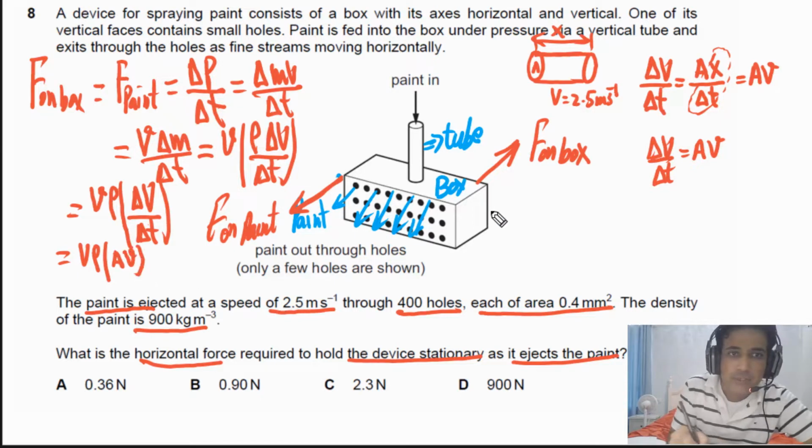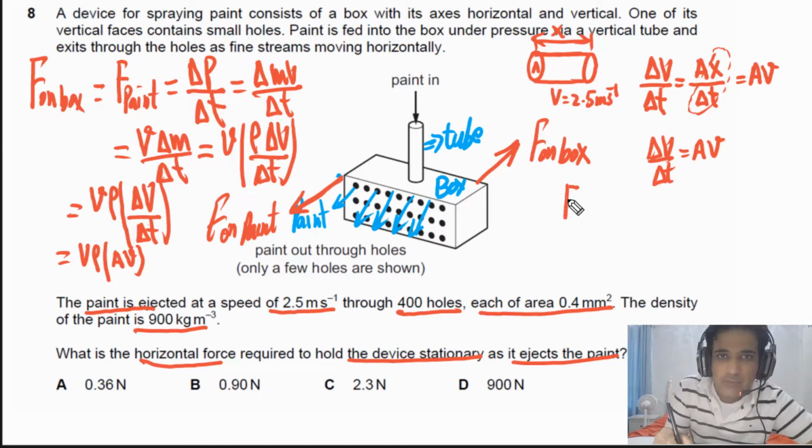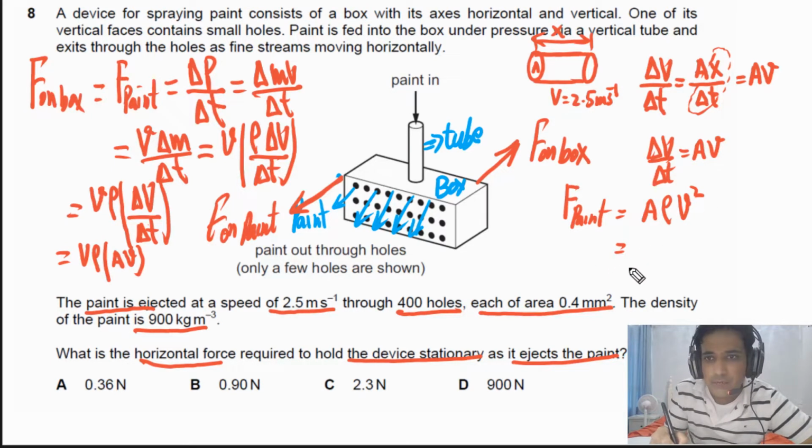So simply we can say in this case force on the paint is equal to A times rho times V squared. Cross-sectional area is given to us, that is equal to 0.4 millimeter squared, means 10 to the negative 6. Density is given, that is equal to 900, and the speed of the paint is given, that is 2.5 squared.